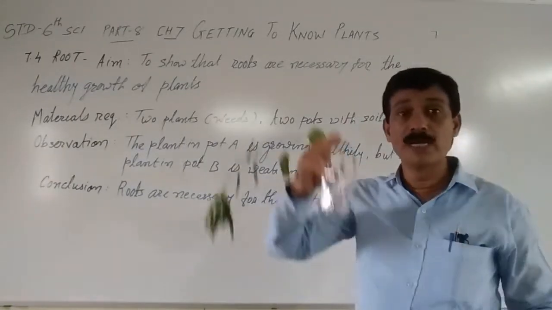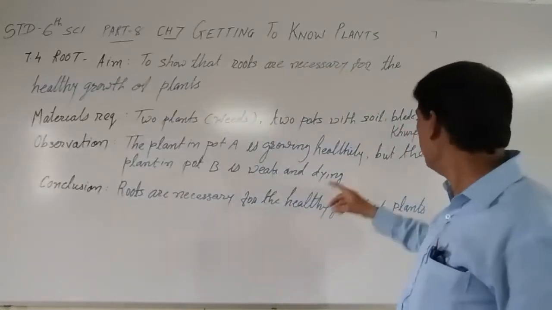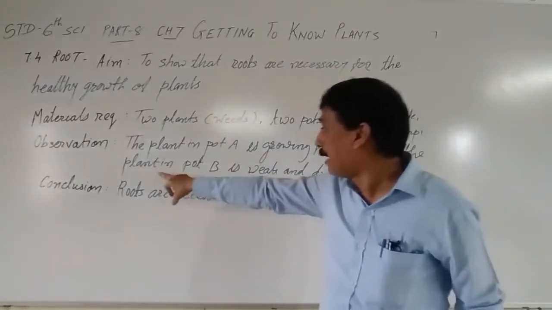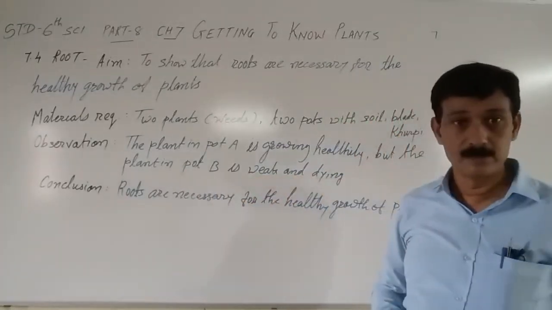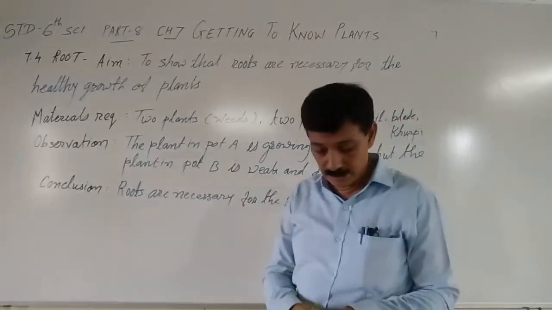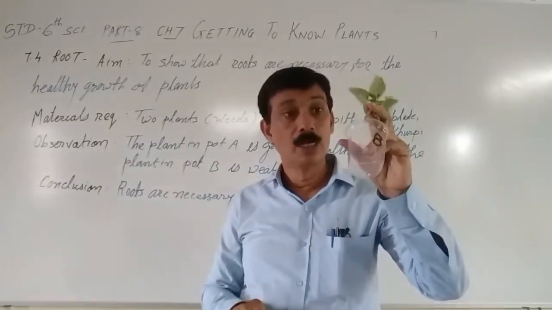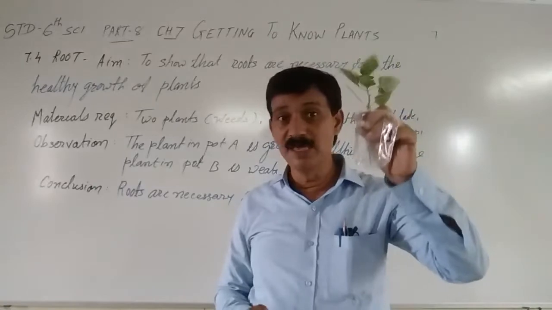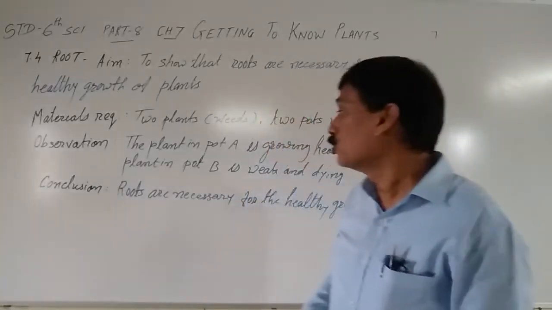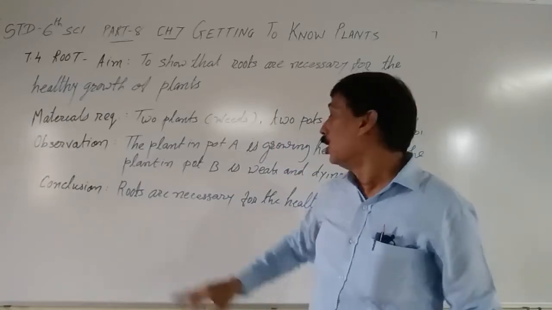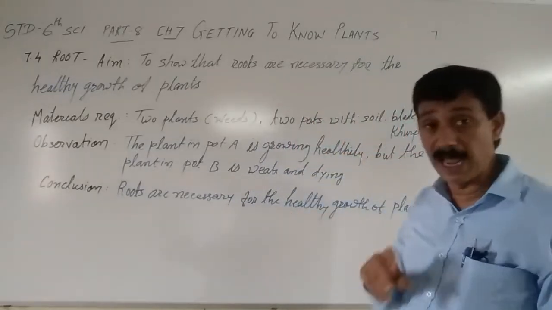The plant in pot A is with root, so it will grow healthily, but the plant in pot B is weak and dies. In B, there is no root in the plant. That is why it will become weak and it may die within 3 days. So what is our conclusion? Roots are necessary for the healthy growth of plants.